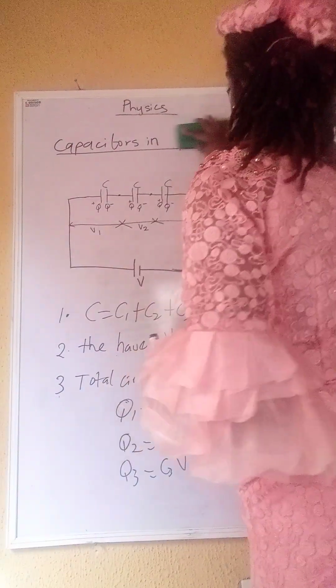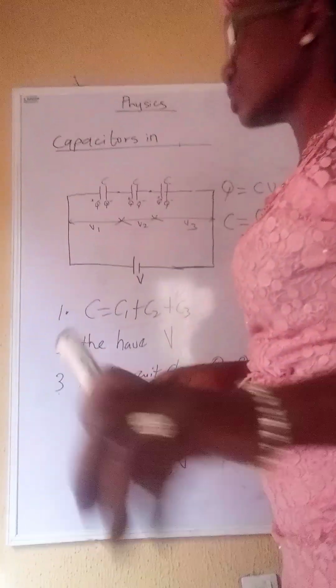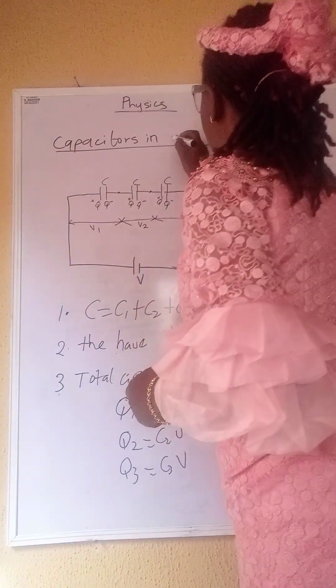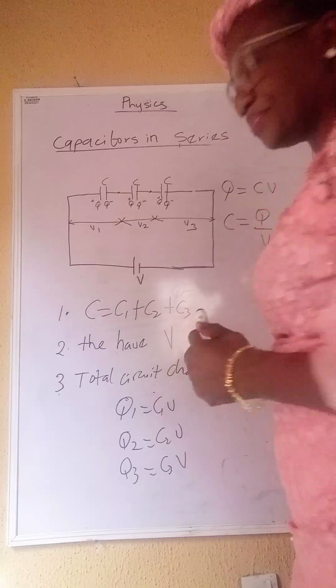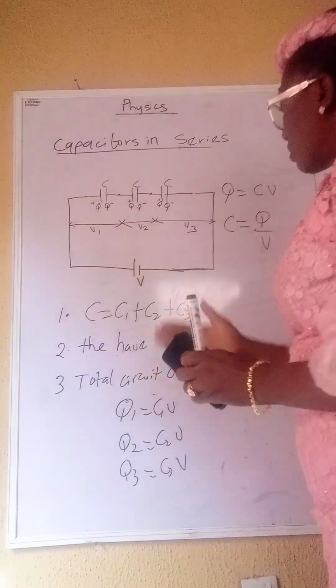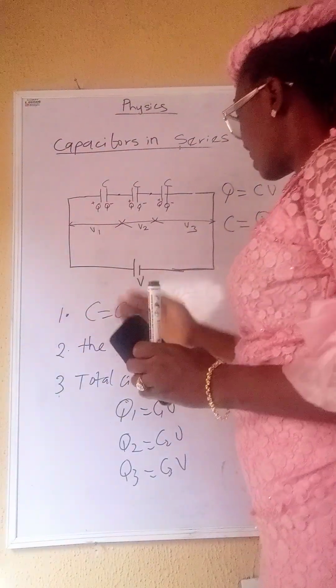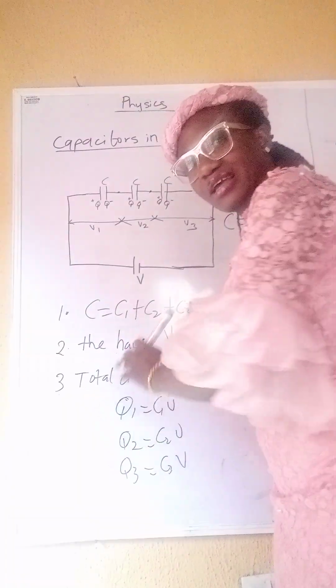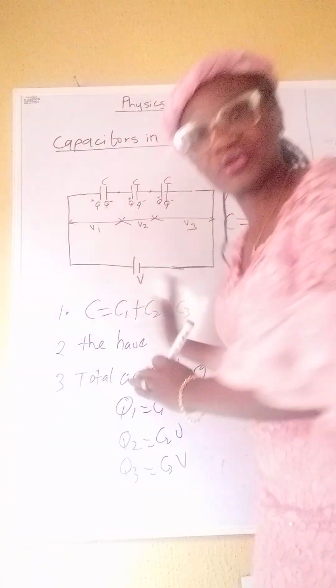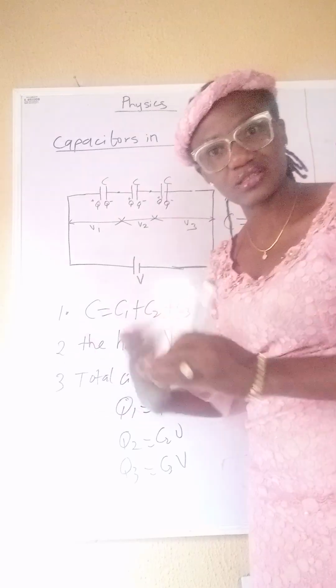So now let's see what is applicable to capacitors in series. Now, for the first application, I'm not going to wipe. As I'm solving this, I'll wipe the old information so that it will make sense. Okay.